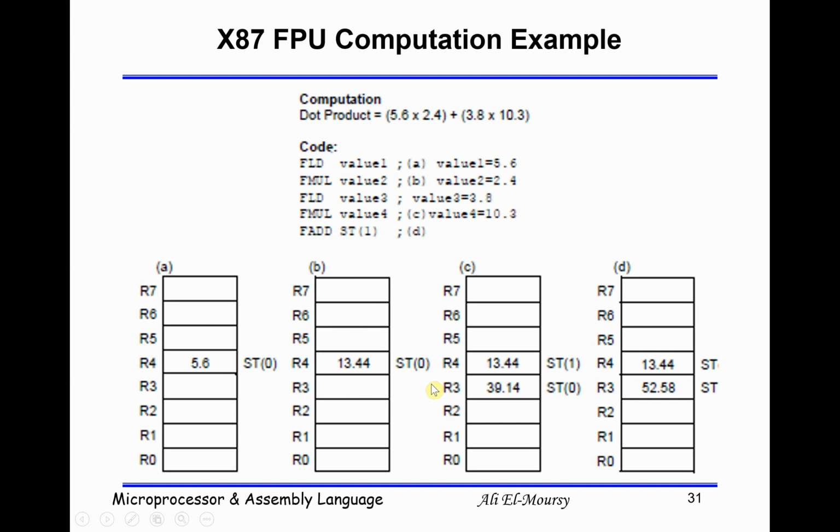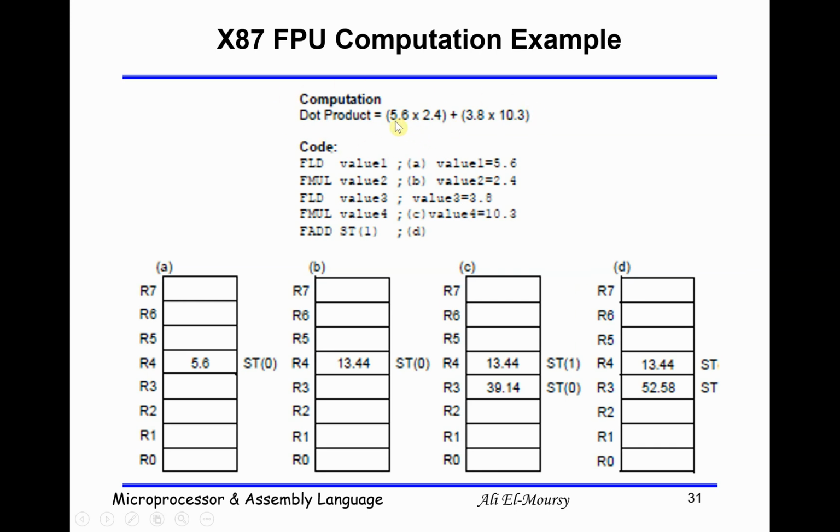This slide is very important, because it shows how simple code is executed in the x87 machine. Assume I have four values stored in memory in labels in the data segment: value 1 stores the first number 5.6, value 2 stores 2.4, value 3 stores 3.8, and value 4 stores 10.3. Assuming the data segment with those labels already stores those values, I want to do the dot product in the designated equation here.